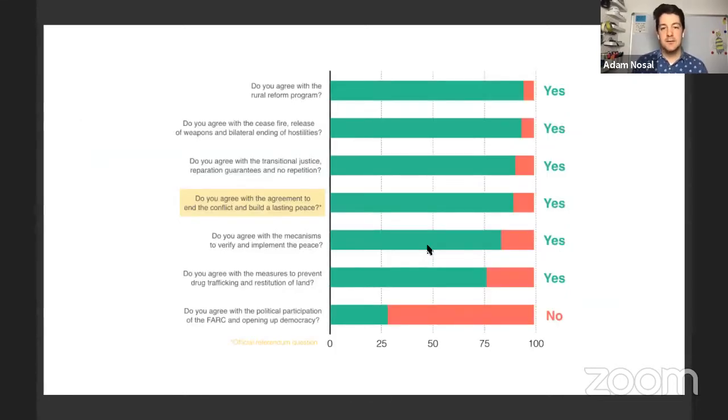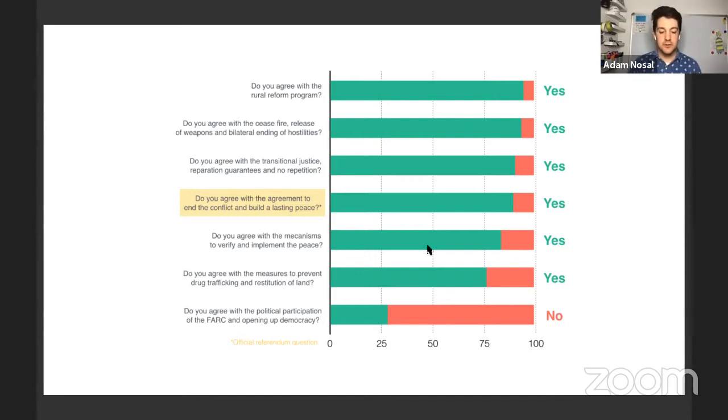For example, in the referendum, in the yellow bit here, do you agree with the agreement to end the conflict and build lasting peace? That was the official referendum question that citizens got to answer in the referendum in Colombia. And Democracy Earth ran this process alongside.